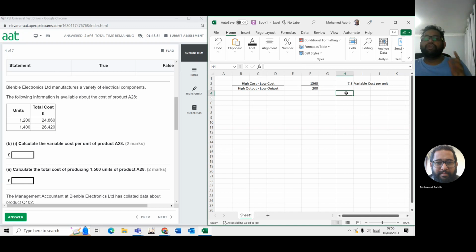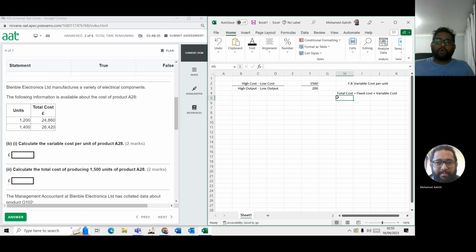So here I'm going to use the lowest level, for example. Okay, so I'm going to find out what is my total cost. Total cost is equal to fixed cost plus variable cost. This is the formula.